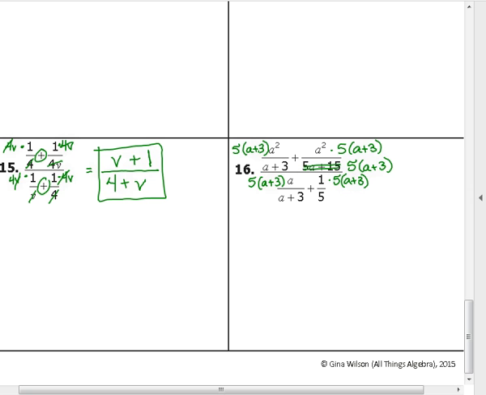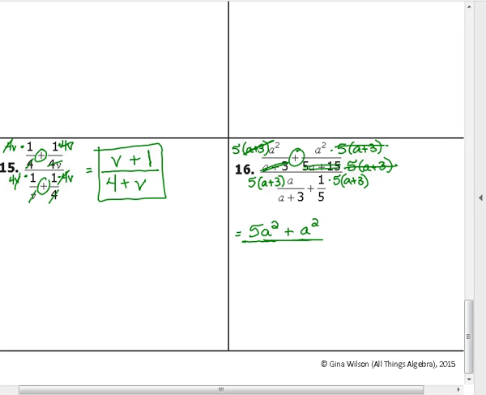So for the first one, I've got a plus 3 in the top and in the bottom, so I've got 5 times a squared left for that first term. Plus, I circle my pluses and minuses so that hopefully y'all won't forget them. For the second one, the 5 and the a plus 3 cancel, so all I'm left with is the a squared. There's no more denominator up there.